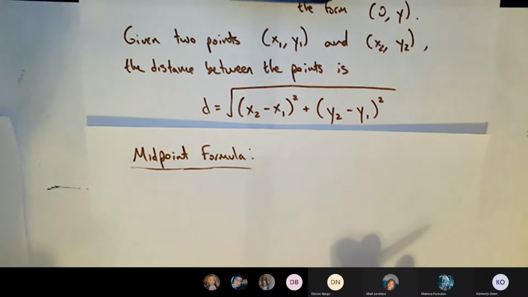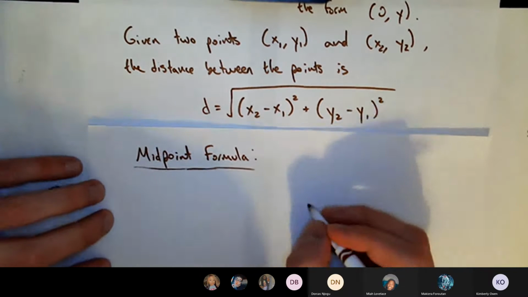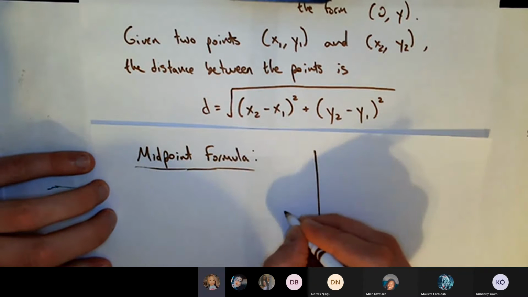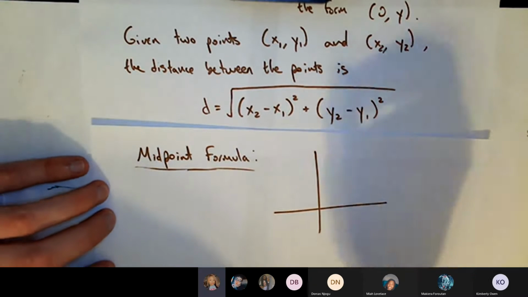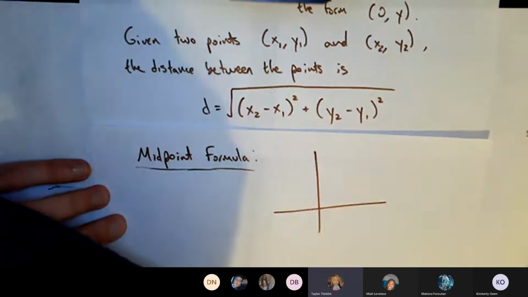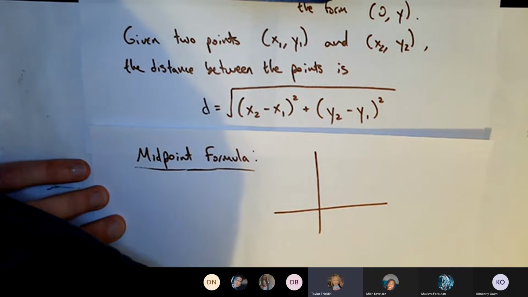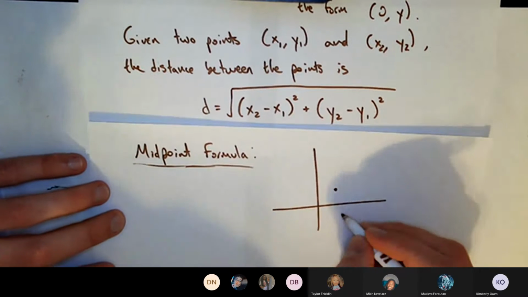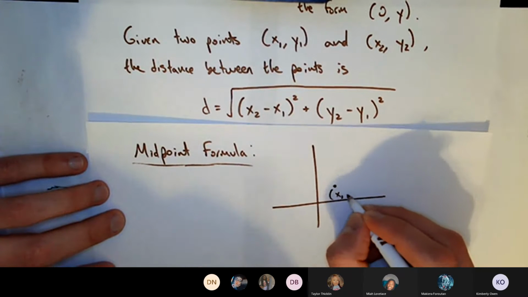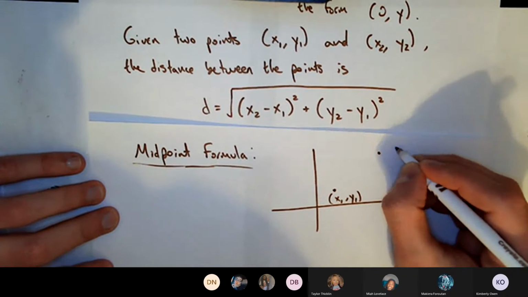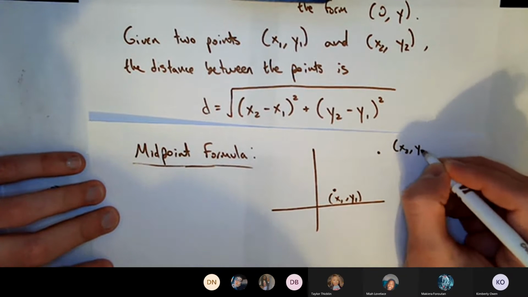Okay, the midpoint formula tells us... let me give you a picture of what it tells us, and then we'll write down the formula. So if given two arbitrary points, x1, y1, I'm going to label them the same way, and some other arbitrary point, x2, y2.